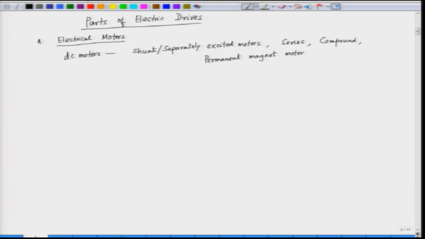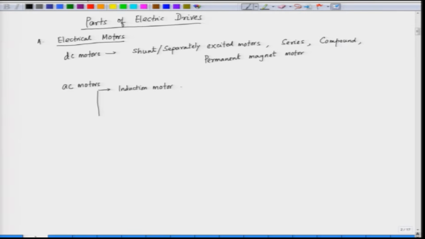Similarly, when we talk about AC motors, we have a few categories here. We can have induction motors, and induction motors can also have some classifications.